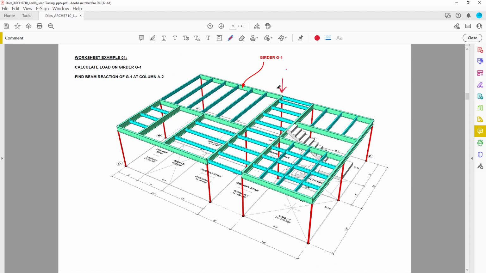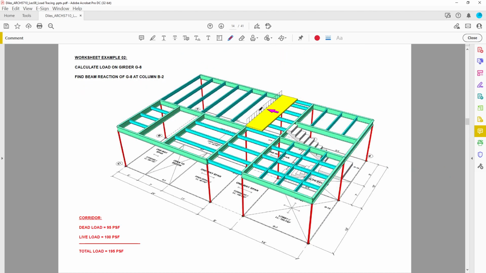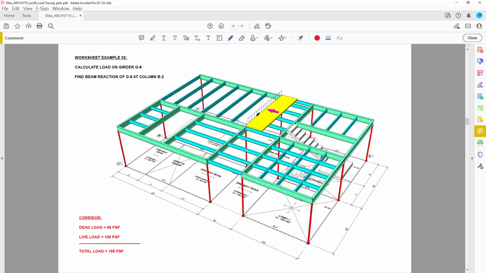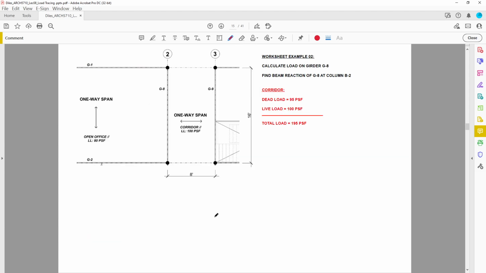So let's go down. All right, so here's girder G8. Here's the tributary area for G8. So the portion of the corridor that's resting on it, we can see down here that the corridor is 8 feet wide. And if we do a zoom-in view of that, we have G8.